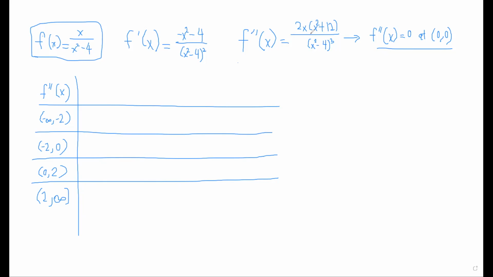So this is f prime x. Let's take a look at 2x over (x squared plus 12). I simplified it as much as possible so I could do this part.